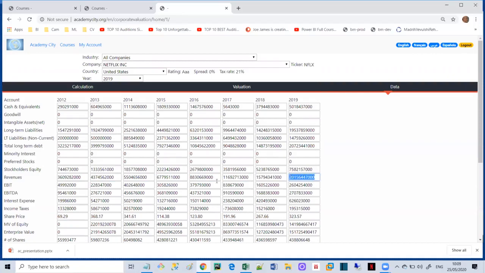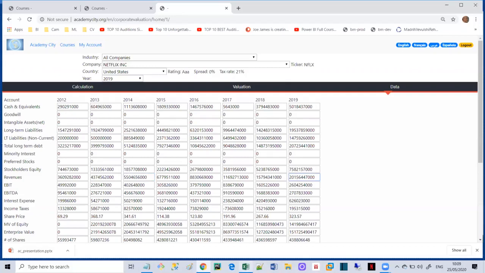See, the numbers have gone amazingly high. In 2014, you had about 55 billion. It went up to 201.